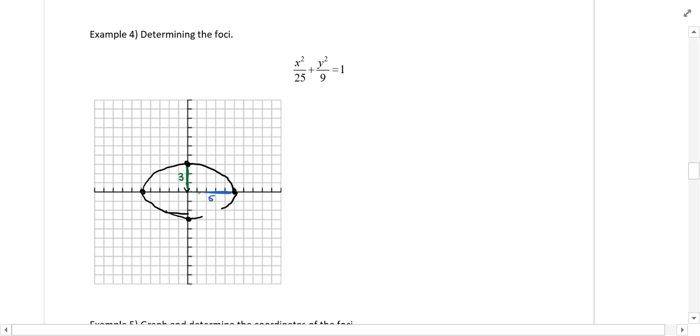Now, we know it has to be inside the ellipse. Stewie Griffin would look very weird if his eyes were not in his head. And the way we're going to do this is we're going to take our shorter radius squared plus our foci distance squared is going to give me the longer radius squared.